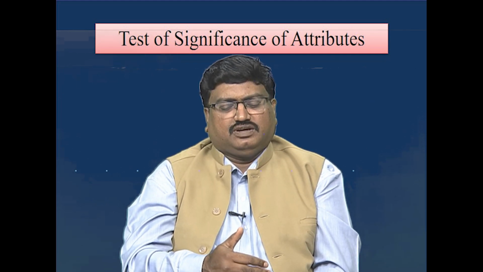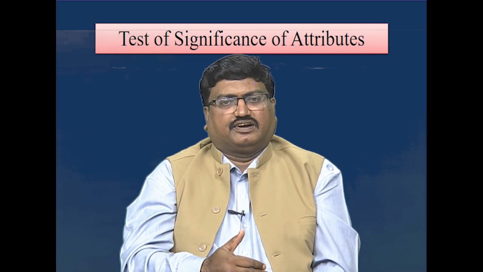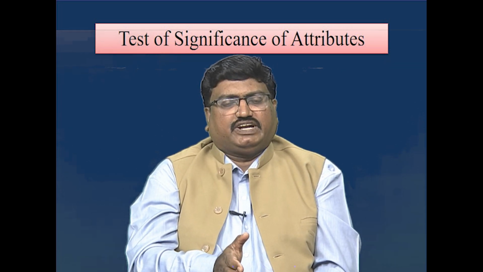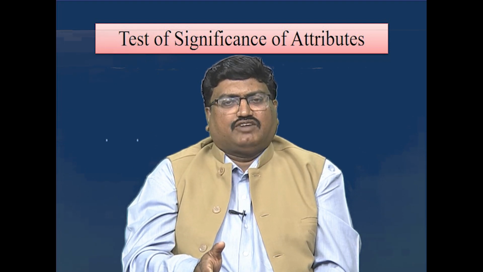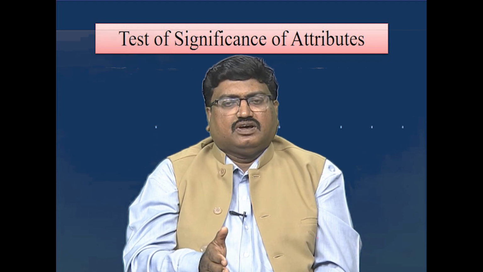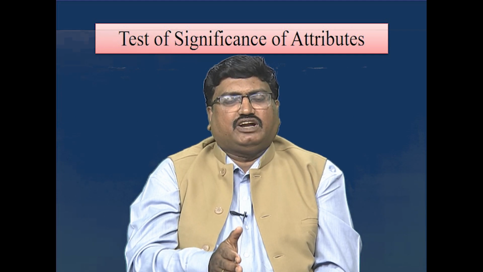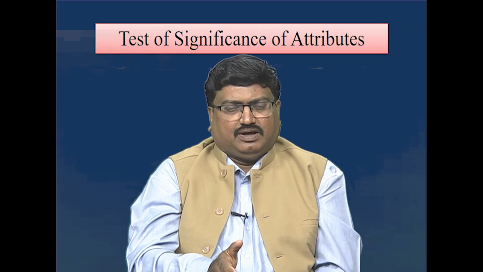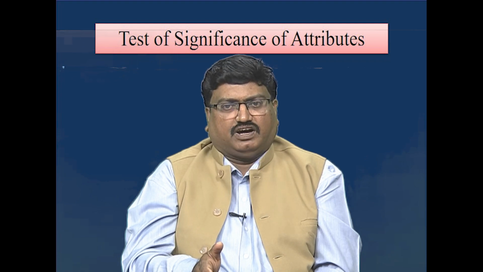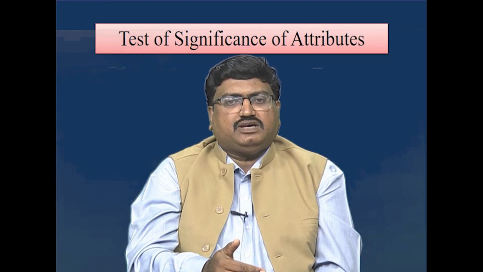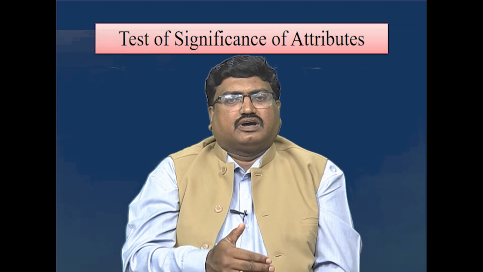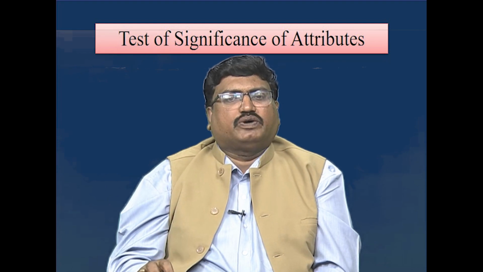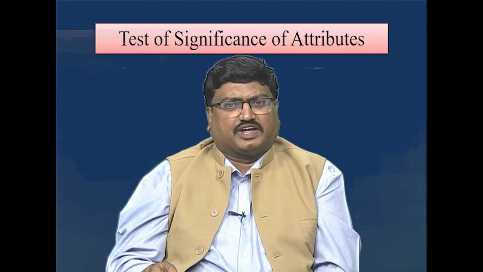For education, we take literate and illiterate. For employment, we take the employed and the unemployed. And for symbolic reasons, the presence of an attribute we indicate with an English letter A, absence of the attribute with the Greek letter alpha, the presence of the other attribute with B, and absence of that attribute with the Greek notation beta. So we go about checking these things.